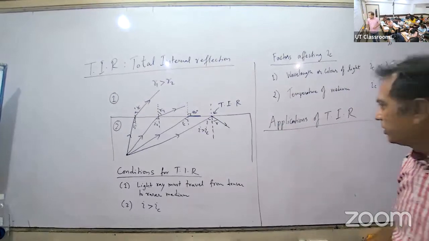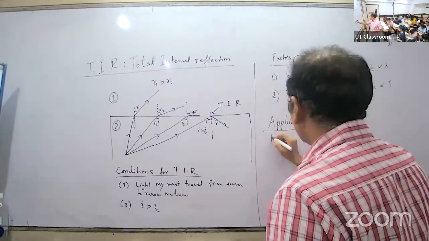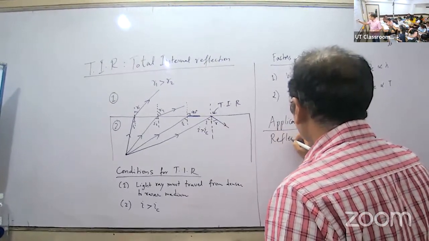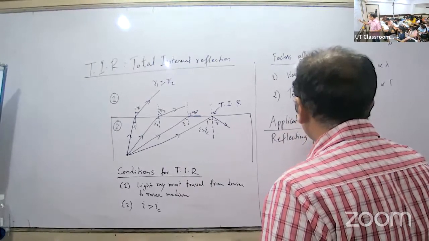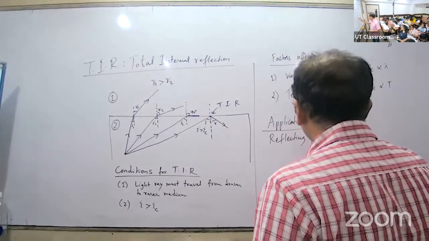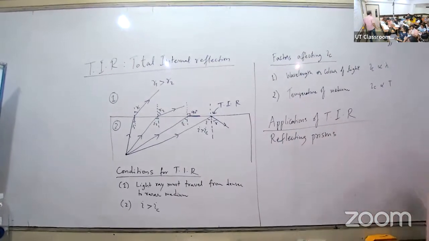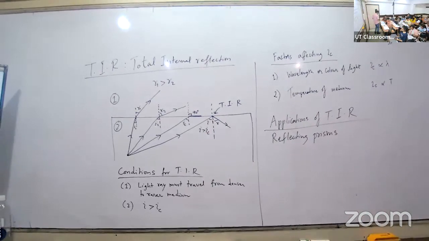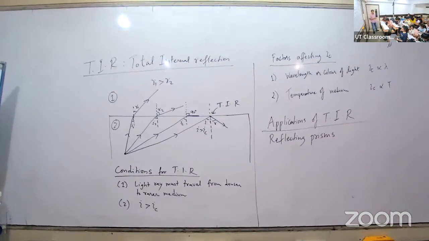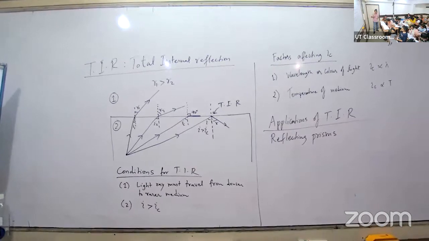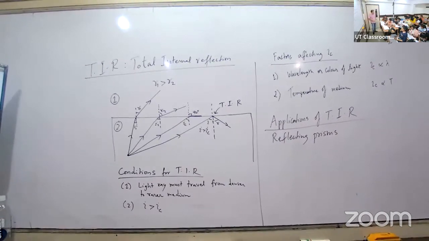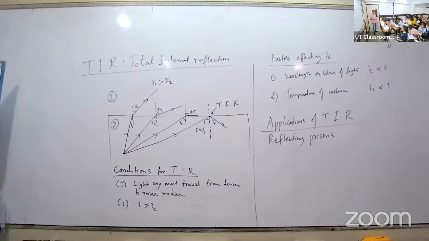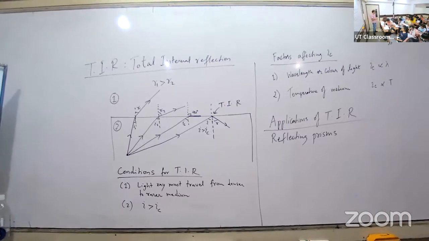So you find applications of TIR in reflecting prisms. There are various types of prisms that we'll study. So what are the types of prisms we have? Right angled prism.